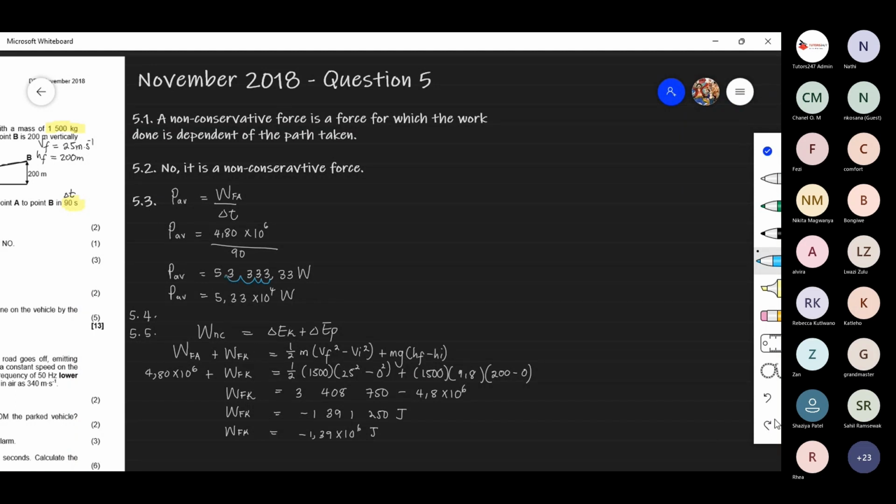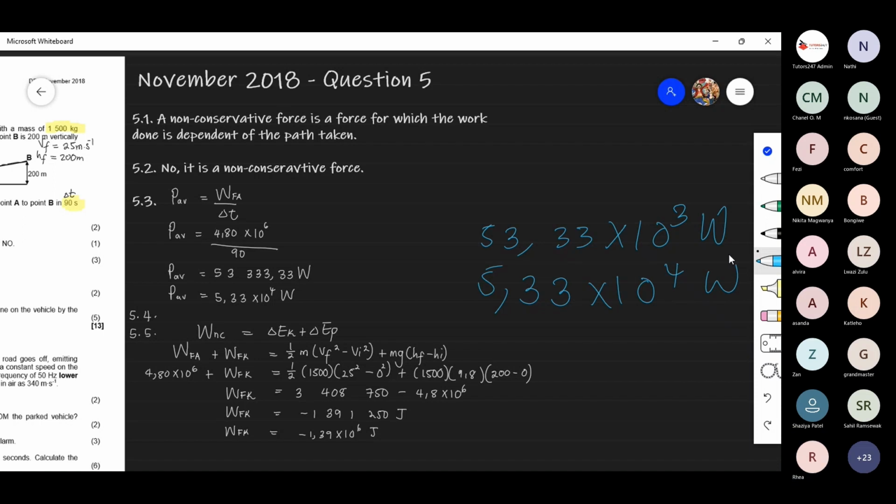Yeah. Okay, you can write it like this: 53,33, and you can have it in times 10 to the power 3 watts, or you can have it as 5,33 times 10 to the power 4. Was that your question? Yeah, thanks. Thank you, sir.